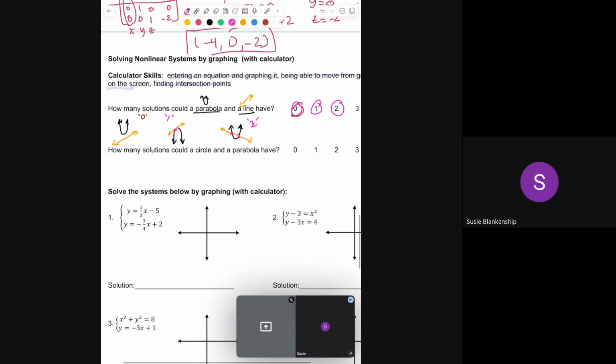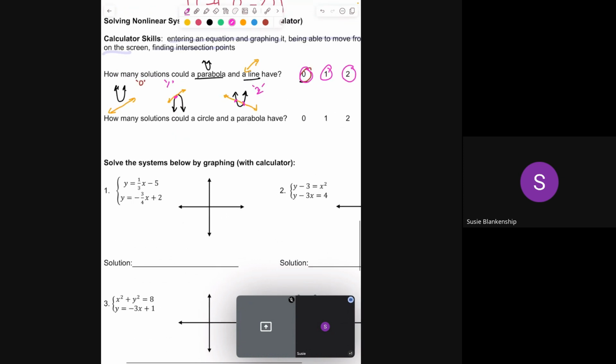Okay, next one's a circle. So when we have a circle, there's a circle, and I have a parabola. If I want 0, then they just don't intersect. They're going to be in a different place. Maybe they're down here.